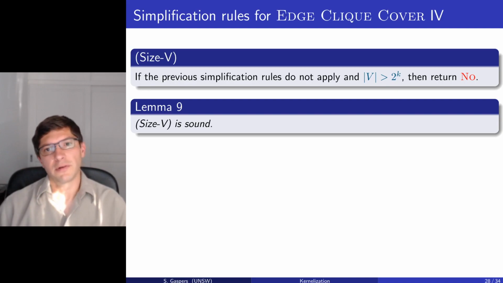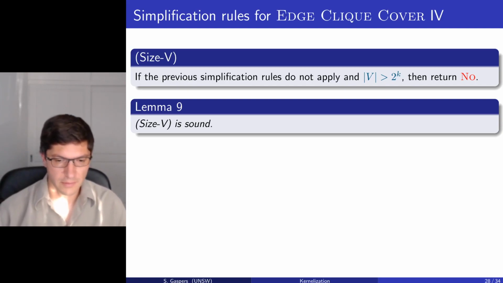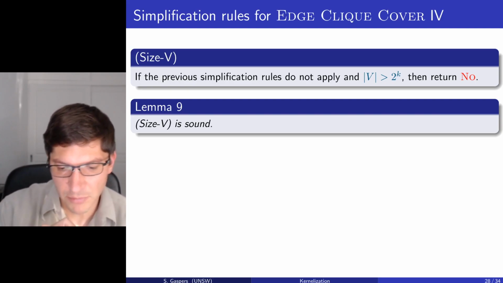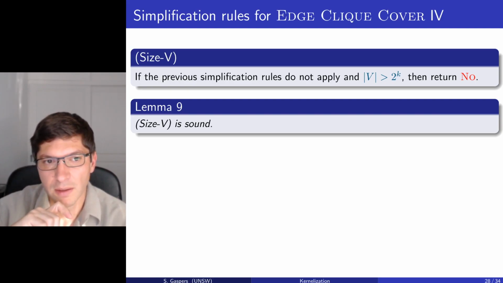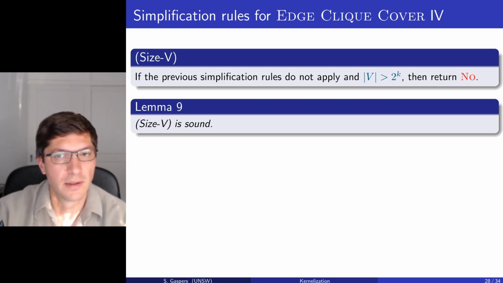We say that if the previous simplification rules do not apply and the number of vertices is more than 2 to the power k, then we return no. I claim that this rule is sound because if the number of vertices is more than 2 to the power k and we had a yes instance, then necessarily we have at least two vertices that are contained in the exact same cliques. But we don't have twins anymore in our instance, so that's not possible.